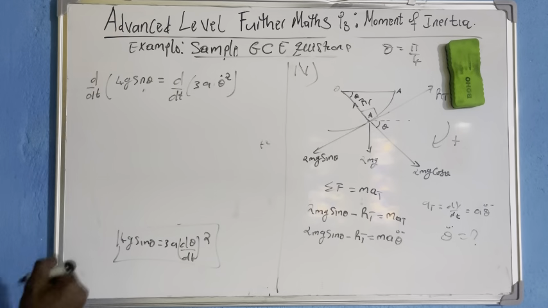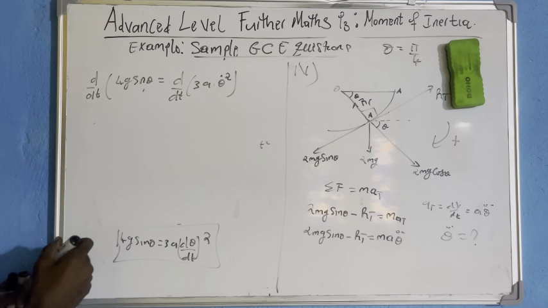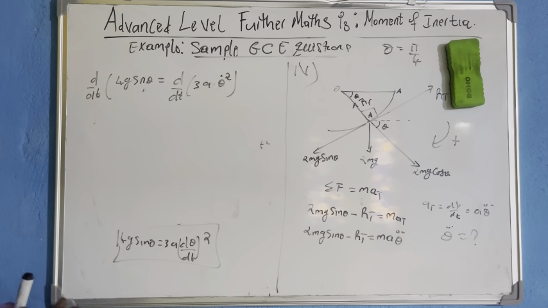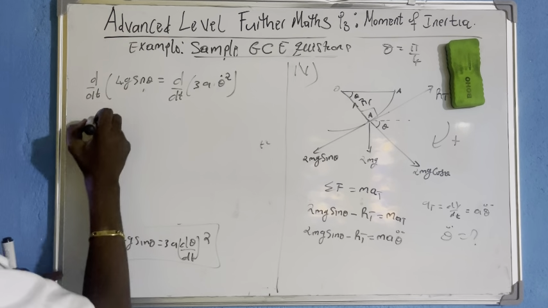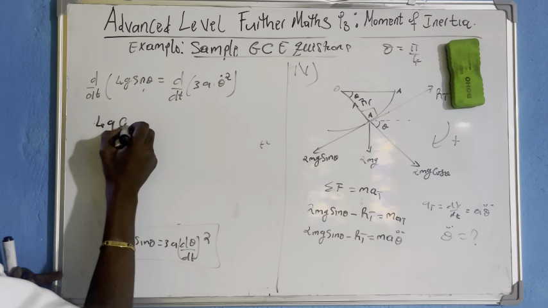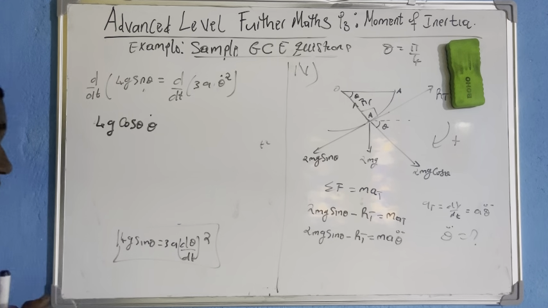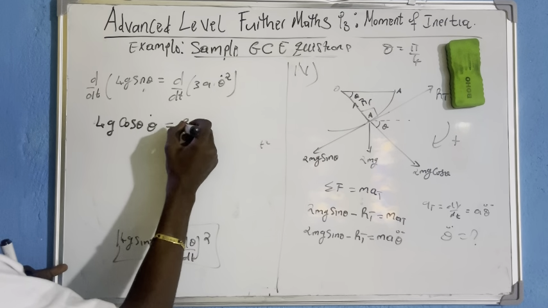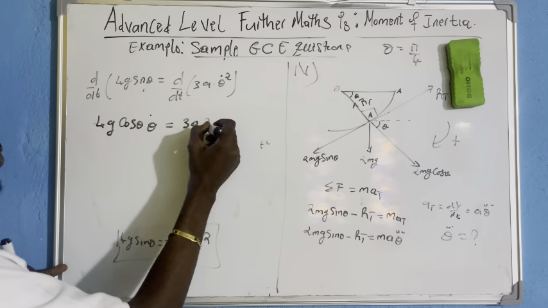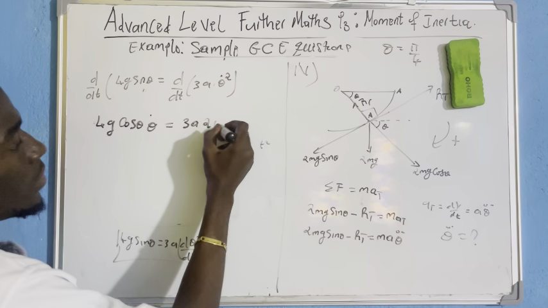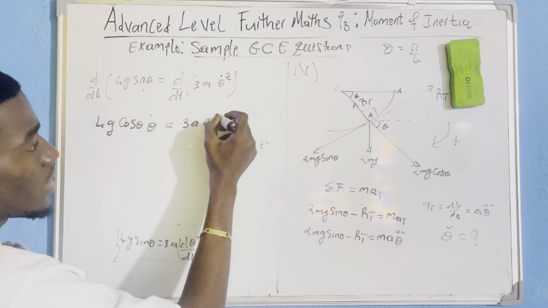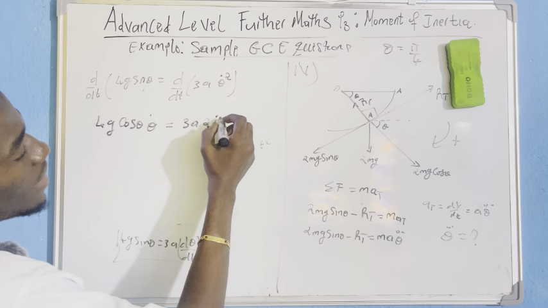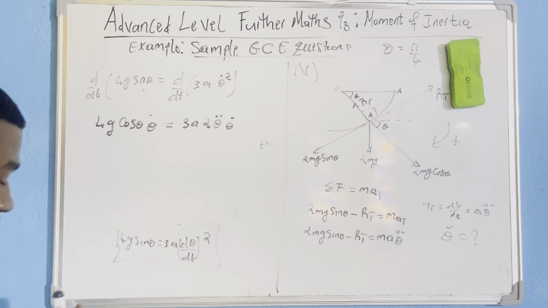So when I differentiate sin theta, I have cos theta, pardon, not negative. So I will have 4g cos theta d theta equals 3A. Then when I differentiate this, I will have 2 theta dot dot d theta.